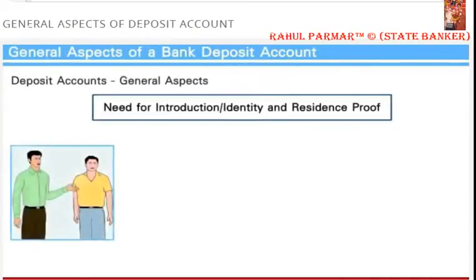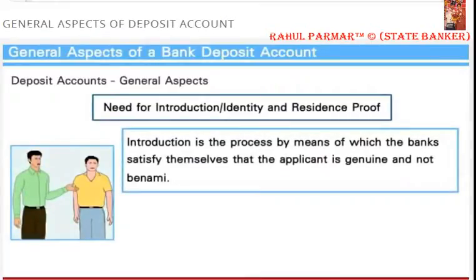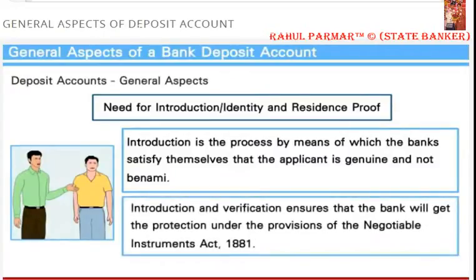Need for introduction, identity, and residence proof. Introduction is the process by means of which the banks satisfy themselves that the applicant is genuine and not benami. Such introduction and verification ensures that the bank will get the protection under the provisions of the Negotiable Instruments Act 1881.